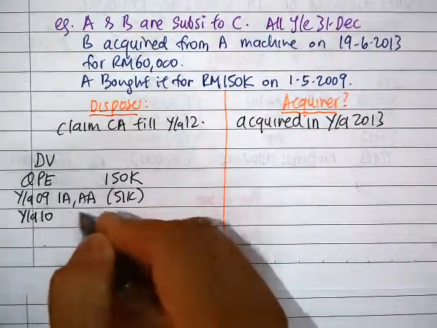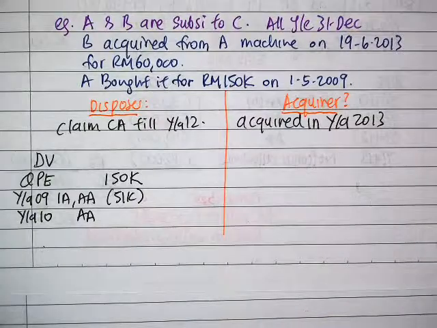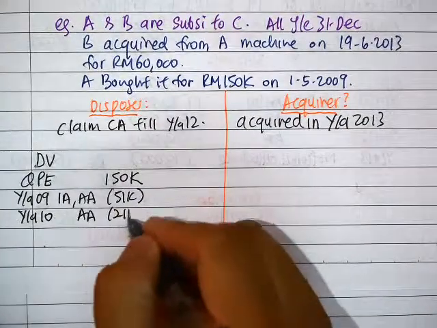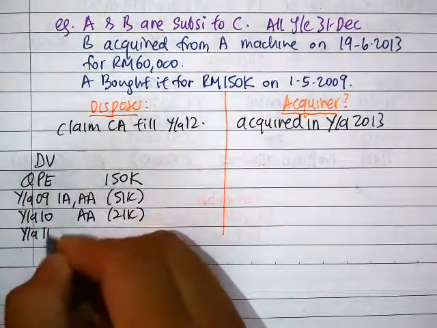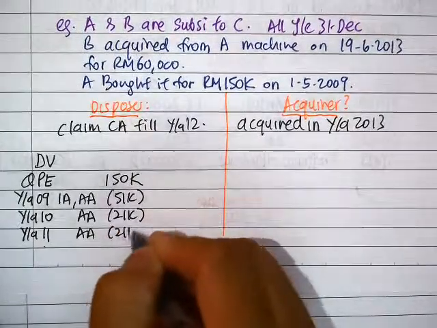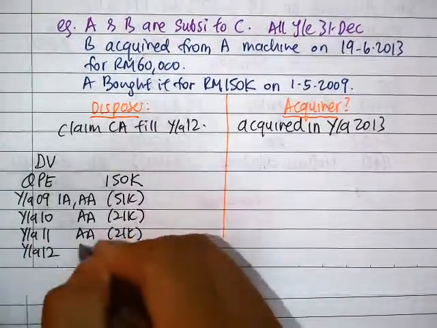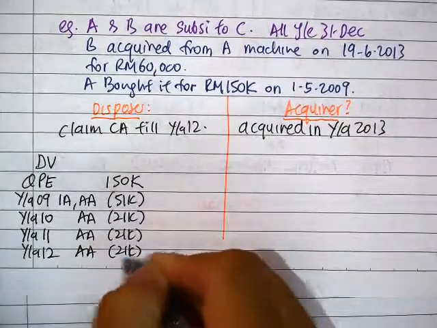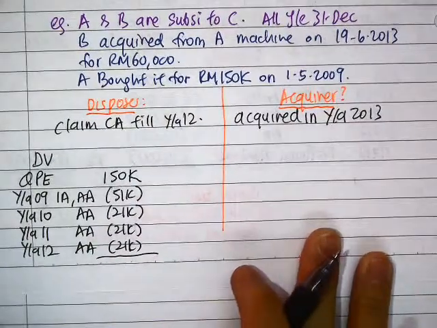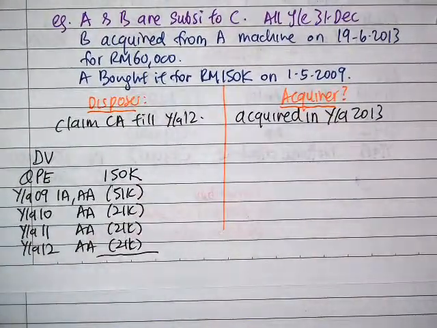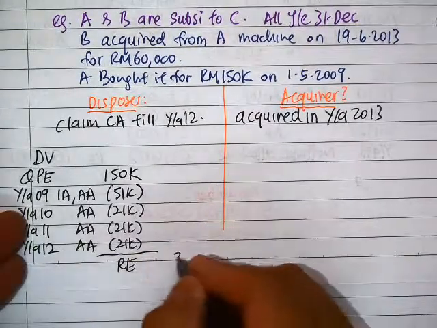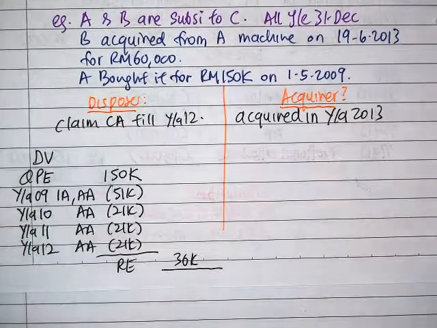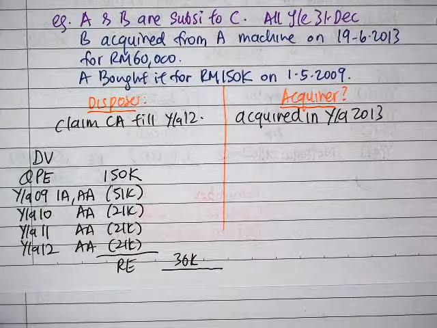Y2010 you got AA, which is 21,000. Now Y2011 you got AA. Y2012 you got AA. Now if you claim all these allowances all the way, you know your RE is 36. See, without learning anything about control sale, just learn about normal CA.